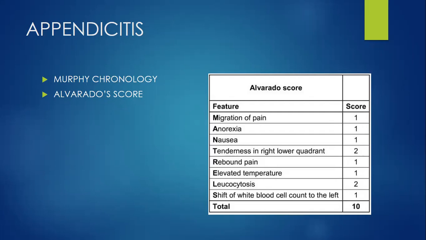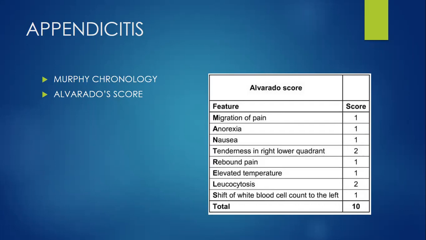Murphy's chronology is just clinical. Okay, so the clinical findings, not taking into account laboratories. It's like when you have a patient who has appendicitis, and it describes how this disease evolves as time goes by. How does it start? How does it continue? How does it end? That is Murphy's chronology.